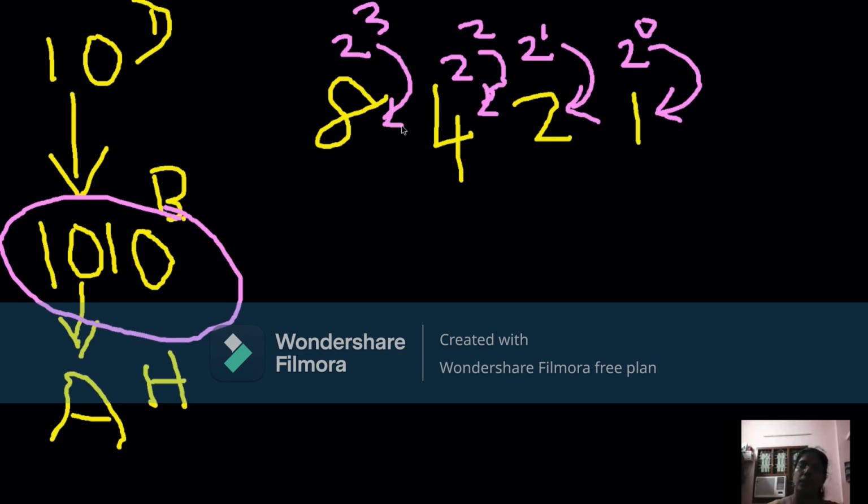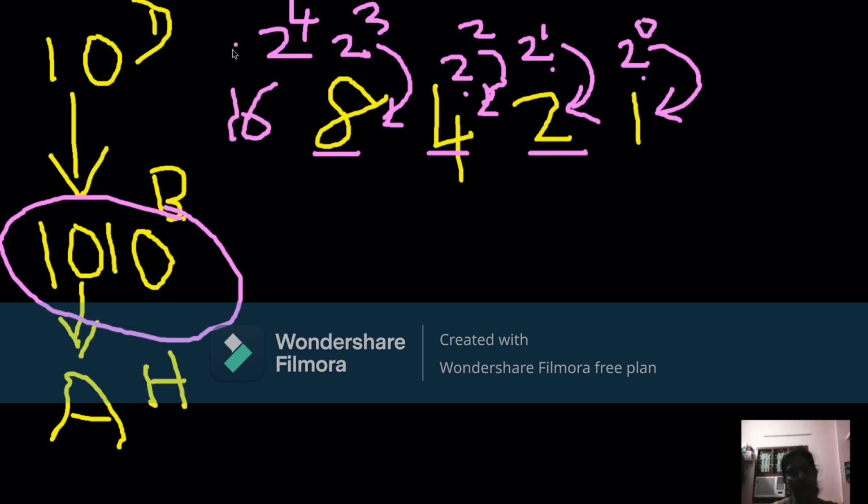Understood now? So, how did you get this 8421? 1 means 2 power 0. 2 means 2 power 1. 4 means 2 power 2. And 8 means 2 power 3. Understood? If you need a 5-bit number, the next one is 2 power 4, which is 16.